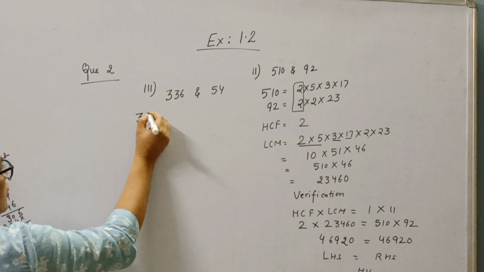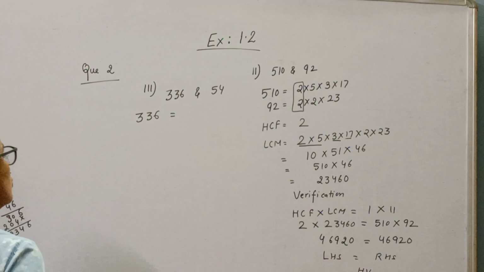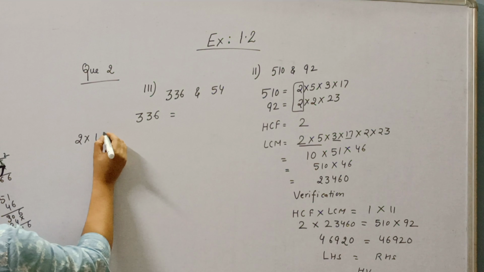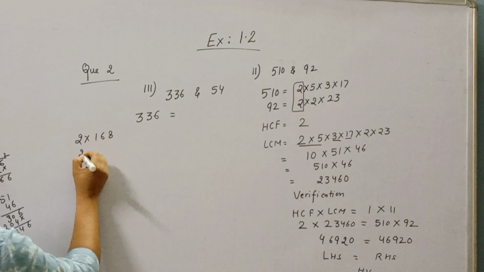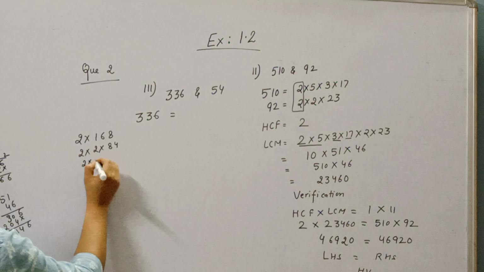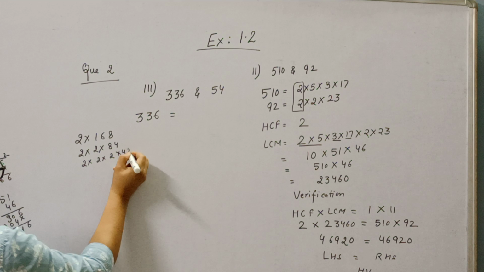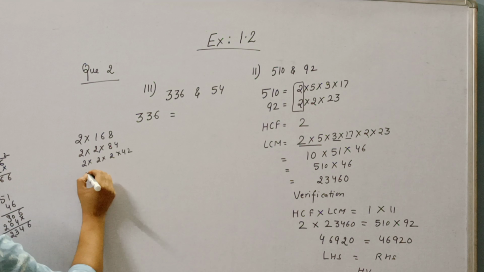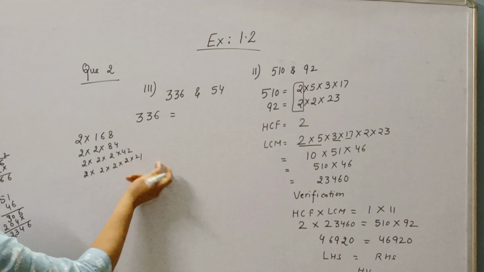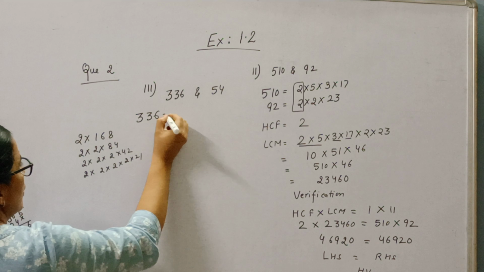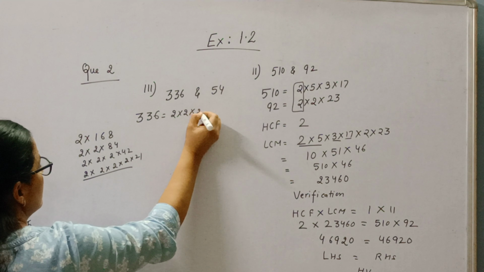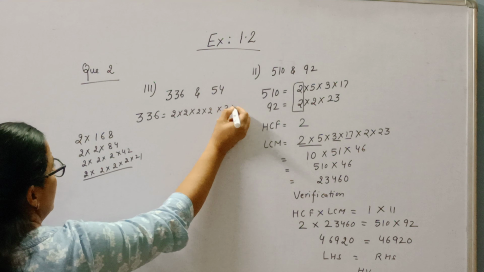So first of all, find the factors of 336. 2 1s are 2, 2 6s are 12, 2 8s are 16, 2 4s are 8, 2 2s are 4, so 2 into 2 into 2 into 2 into 3 into 7.